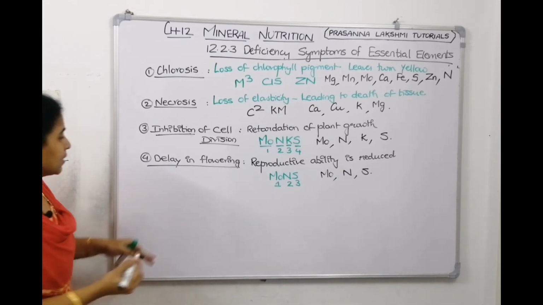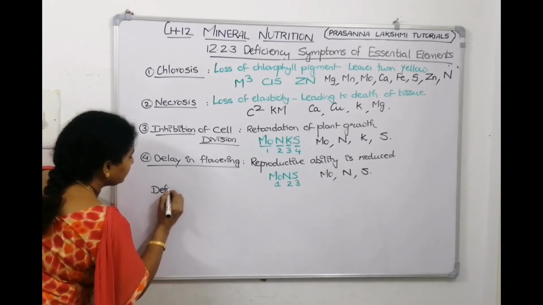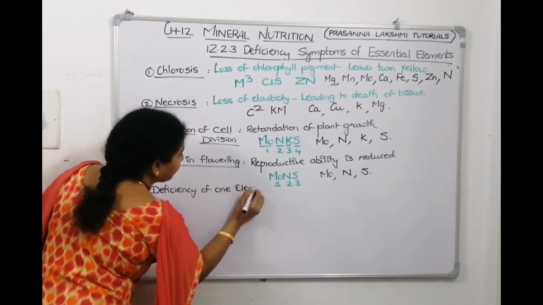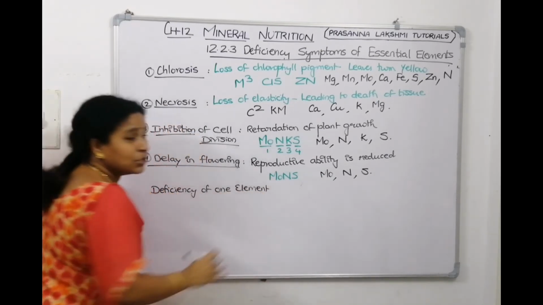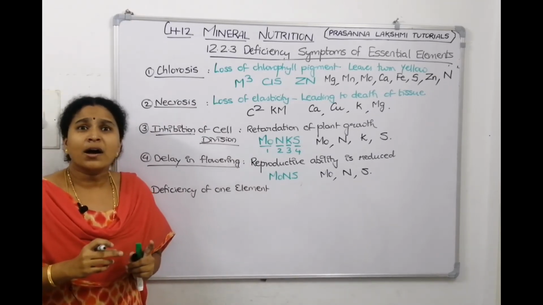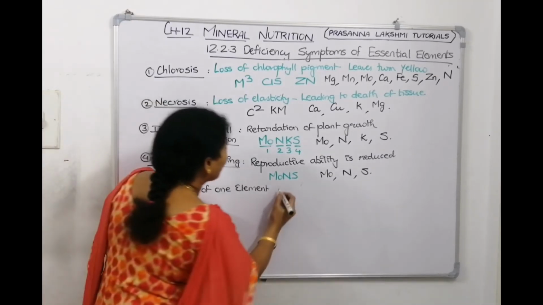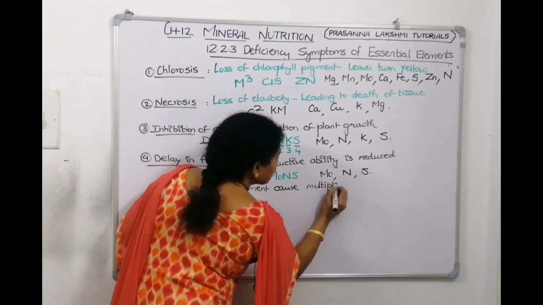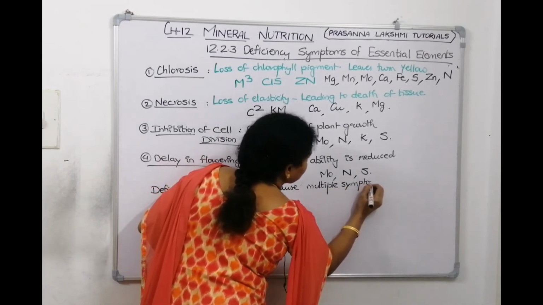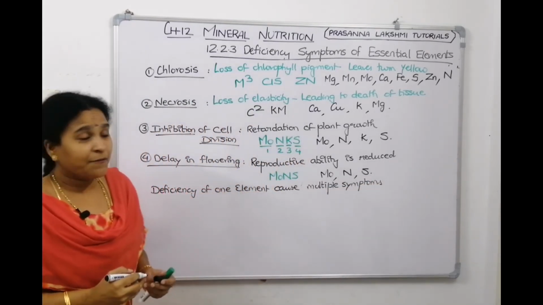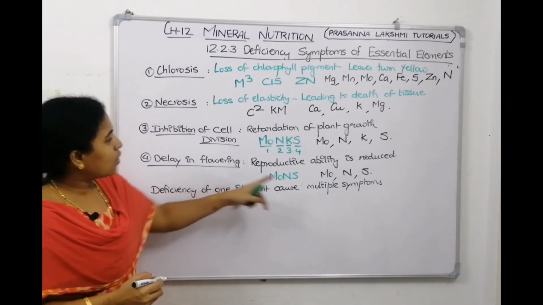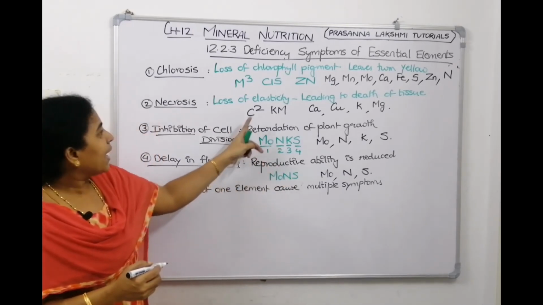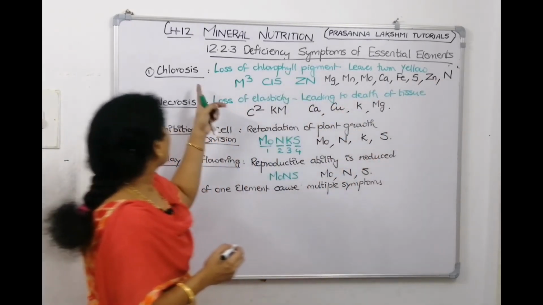Or else let us write down here itself. The next point is deficiency of one element. Deficiency of one element will cause multiple symptoms. We can see with this. Nitrogen deficiency will cause delay in flowering also, inhibition of cell division also, and chlorosis also.